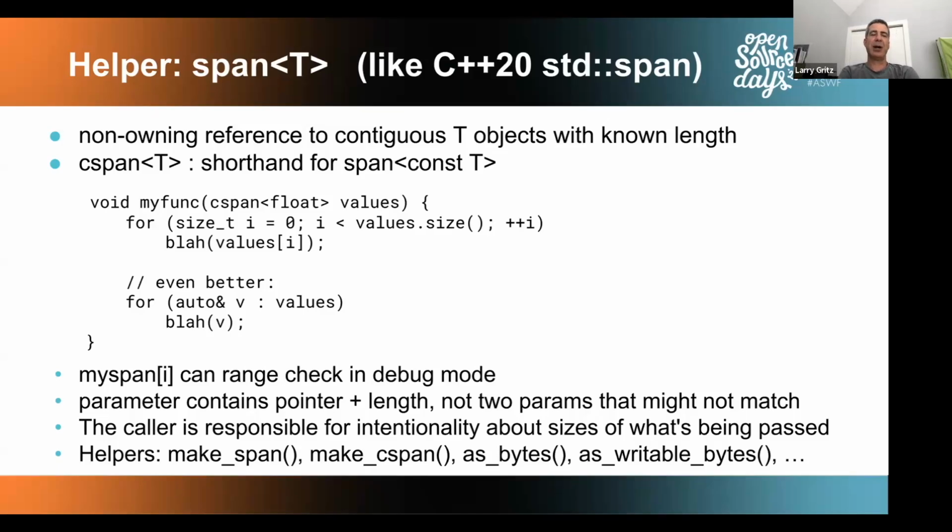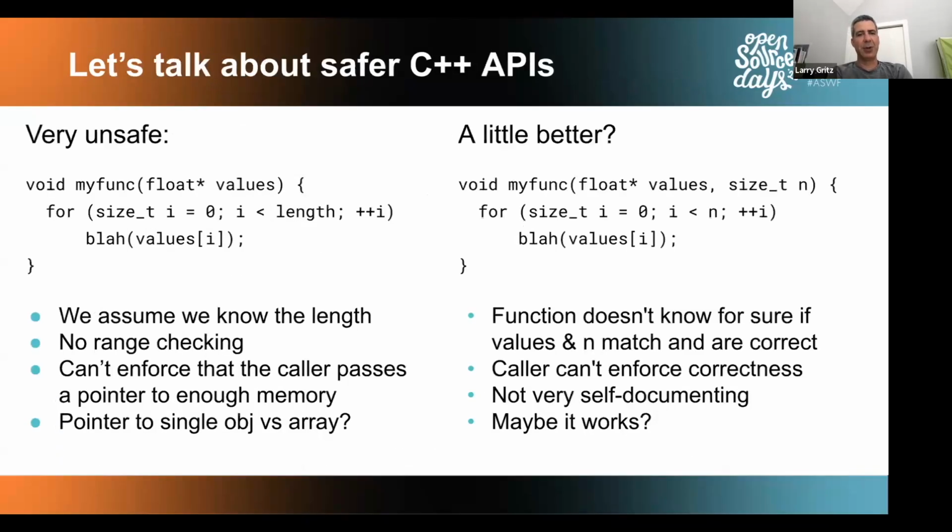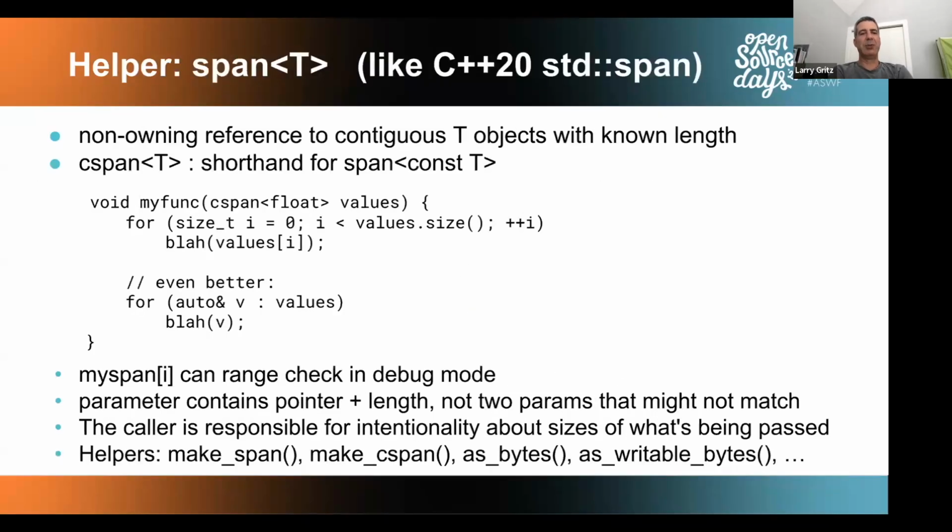And we also have something we call the C-span, which is just shorthand for a span of constant objects that are not able to be modified, like read-only. So I'll go back a slide. The new way of writing these problematic loops would be more like you pass the function argument as a span, and that encompasses both the pointer and the length.